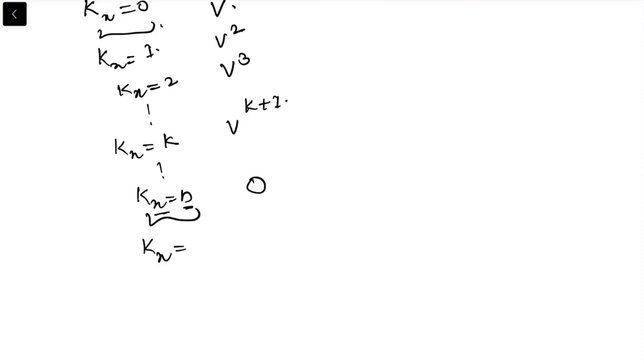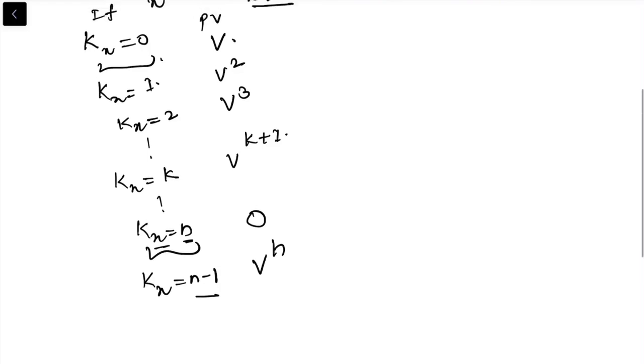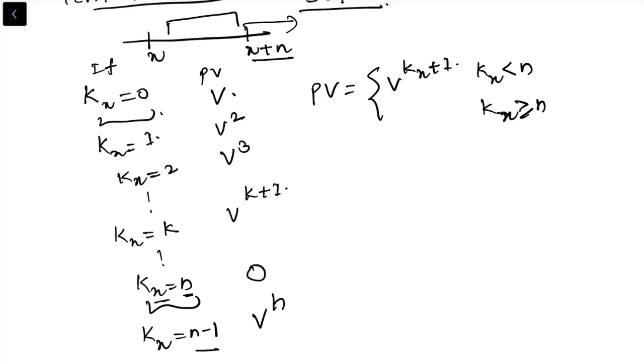Now what if Kx equals n minus 1? So the present value is v^n, right? Because the policy has not yet expired. So we can write present value equals, now there is a condition, if Kx is less than n, we can say v to the power Kx plus 1, but if Kx is greater than or equal to n, present value is simply 0.